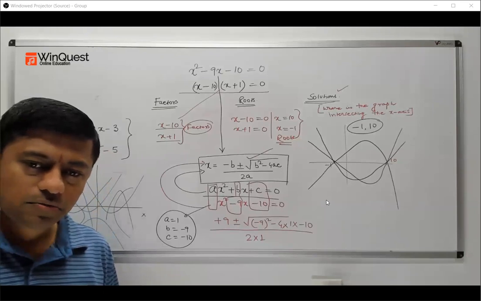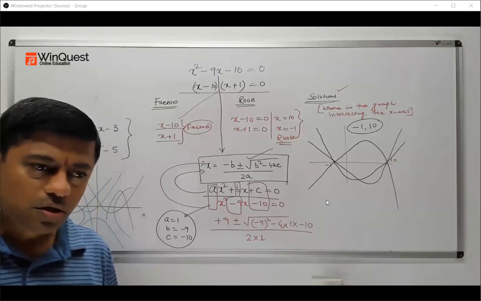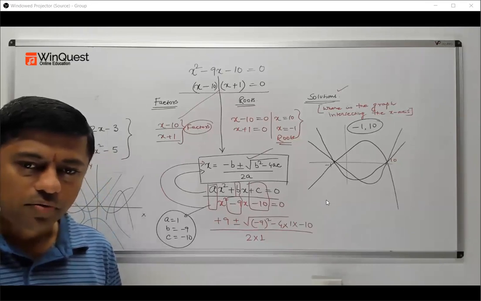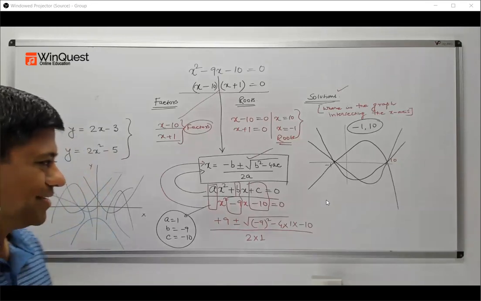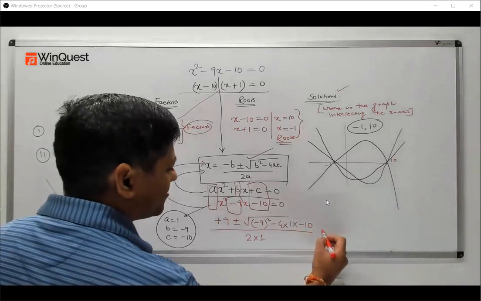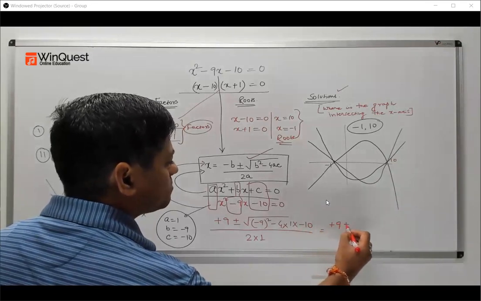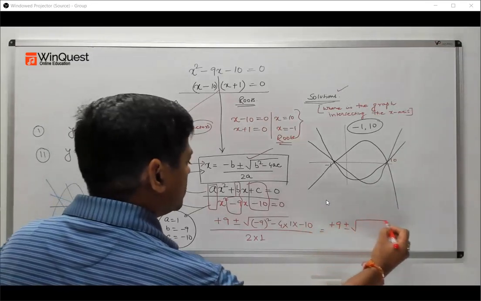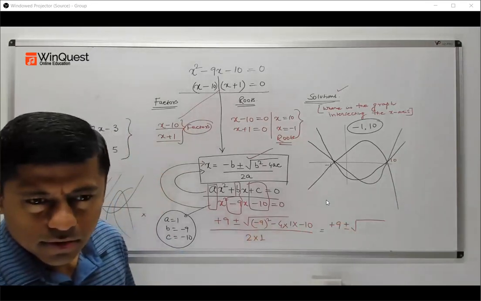This will give you +9 plus minus, this is -9 whole square, 81.